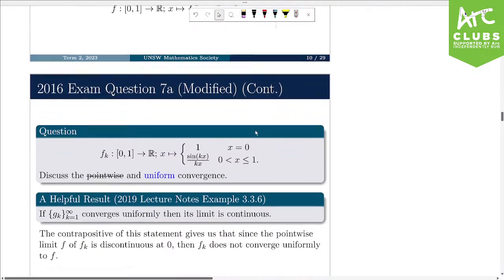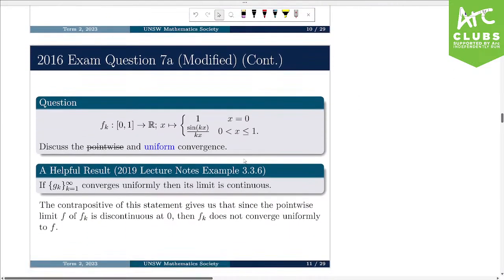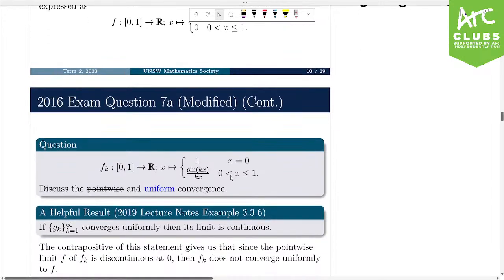Okay, now we want to talk about uniform convergence. So a property of uniform convergence is, I believe this should be a sequence of continuous functions. So this should be continuous.